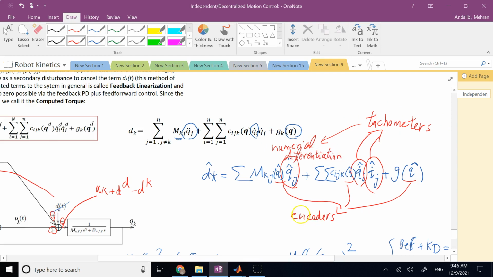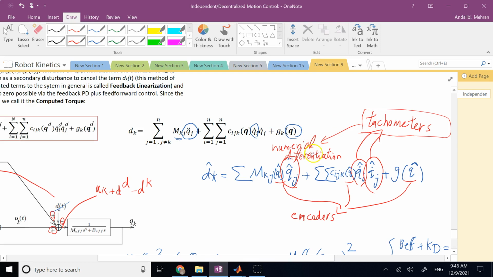The problem is, first of all, the encoder signals have noise. Tachometers have noise. And when you take the derivative of a noisy signal, it is going to have huge magnitudes in it. You never take the derivative of a noisy signal. You always have to filter it first. So you cannot do a real derivative.